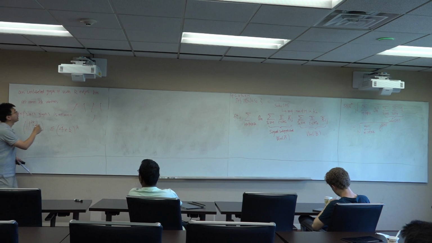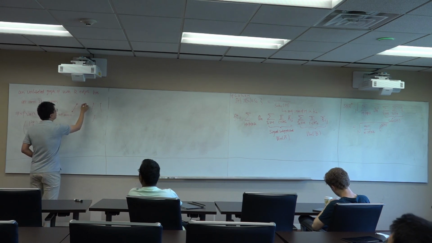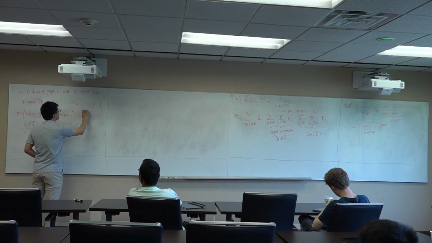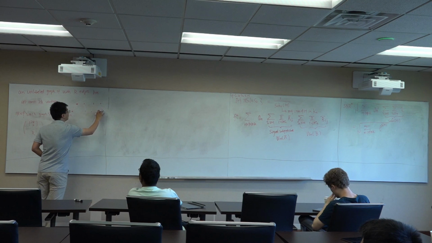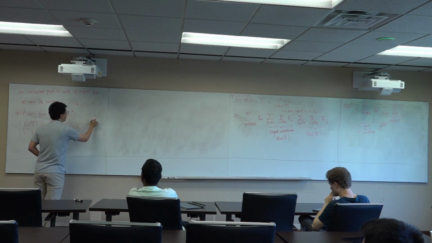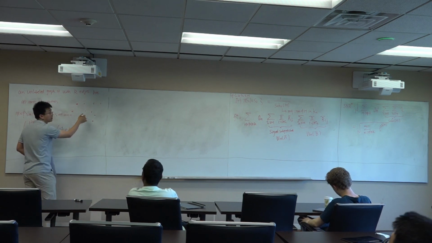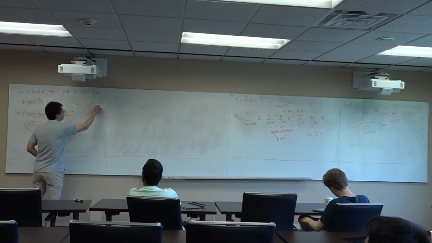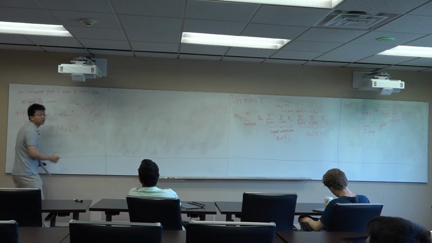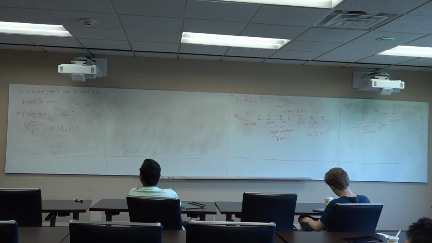Does it make sense? So you first have the 2k vertices, not yet connected. Then you have so many pairs, and you're going to connect them in some way. You want to choose k of them. So that's roughly how it goes.